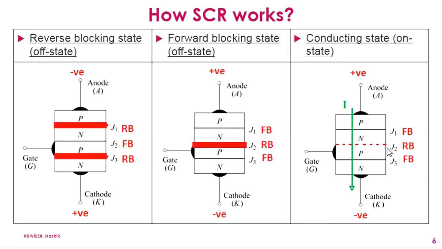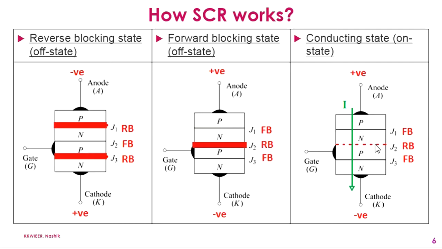So if the voltage between anode and cathode is kept on increasing, gradually this depletion layer at the junction J2 will go on decreasing, and at one stage the avalanche breakdown will occur.